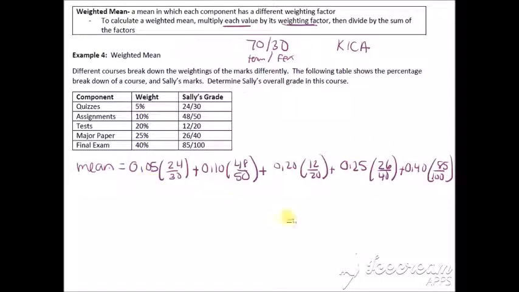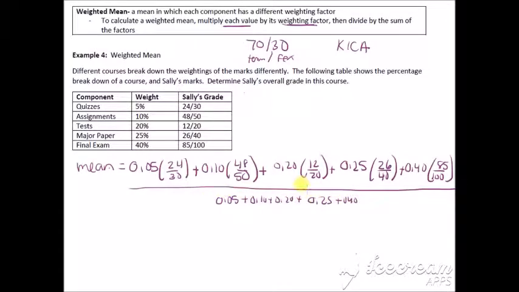Okay? And if we think about it, if we add the 5%, the 10%, the 20%, the 25%, and the 40%, this is going to be out of 100, so 1.00. And when we multiply these, we get 0.04 plus 0.096 plus 0.12 plus 0.1625 plus 0.34.